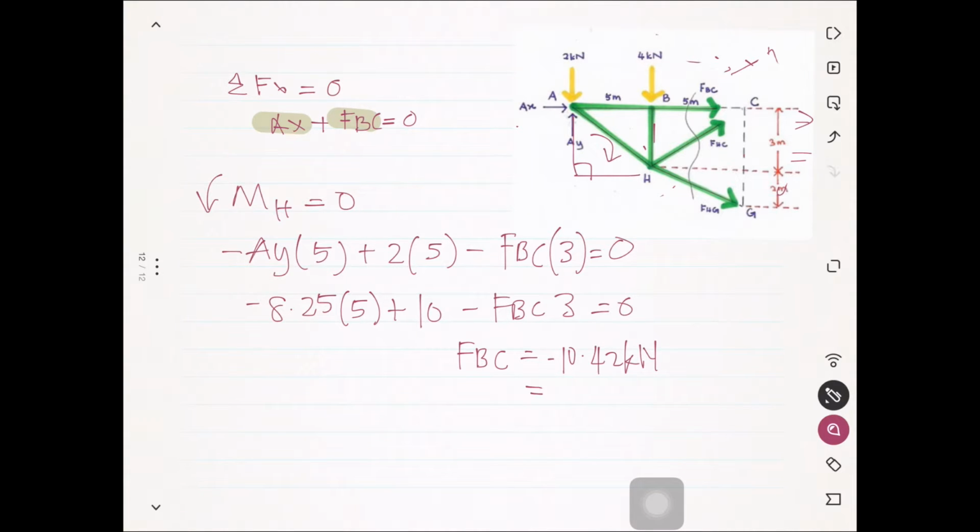This is equal to 10.42 kilonewton. Negative means compression.